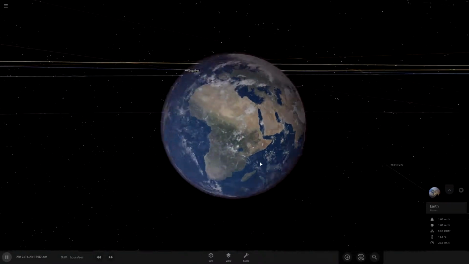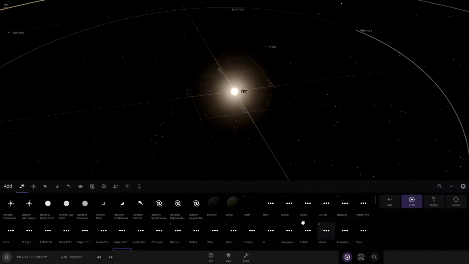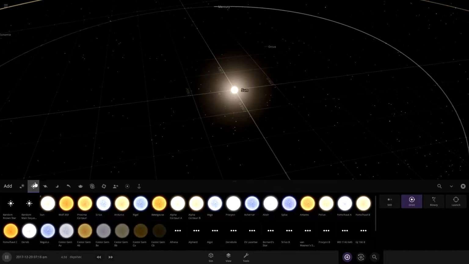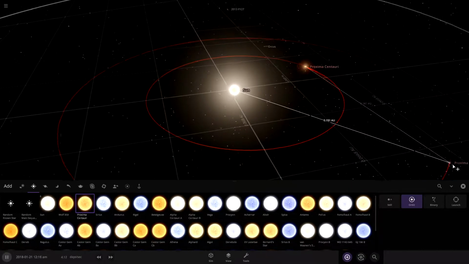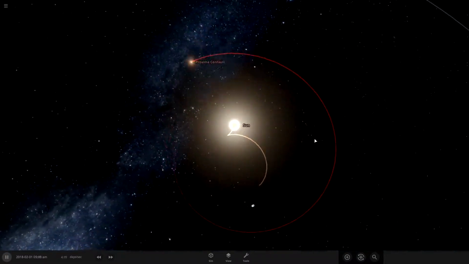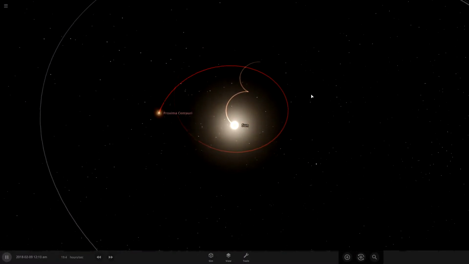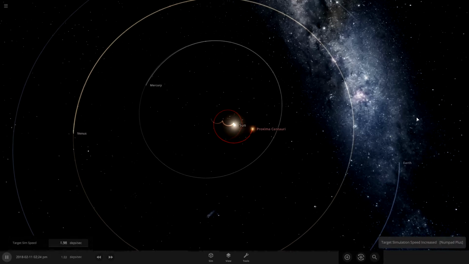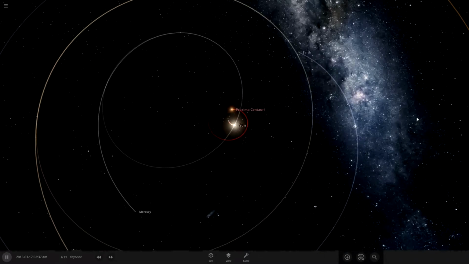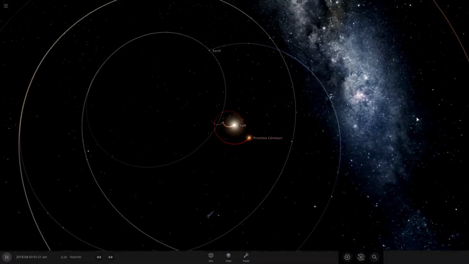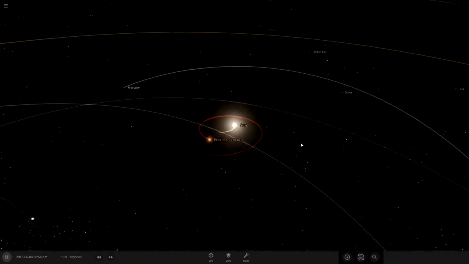Today I have no clear idea what I want to do other than just mess around like I normally do. I guess what I could do is take, say, Proxima Centauri, which is much smaller than the Sun, actually the closest star to our solar system, which is gonna grab the Sun, because gravity, pull it out of its normal spot in the middle of everything and cause it to move, because the center of gravity is no longer just in the center of the Sun.